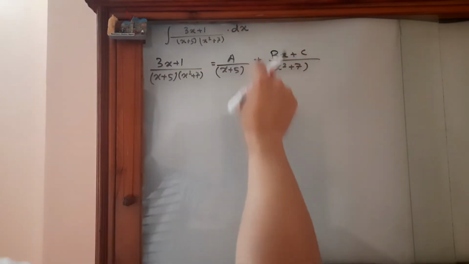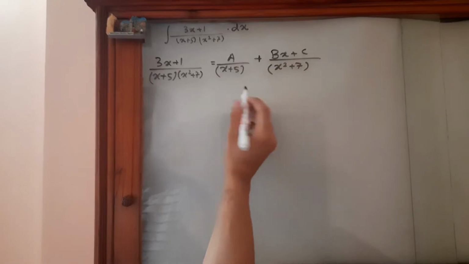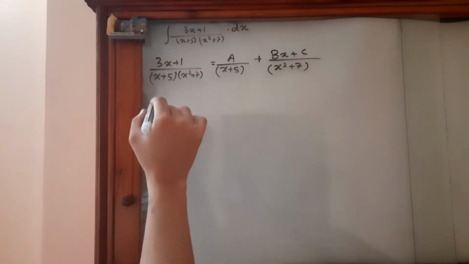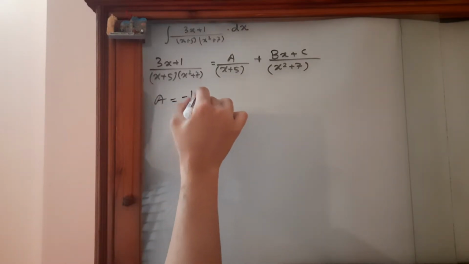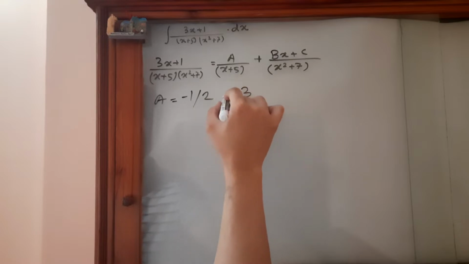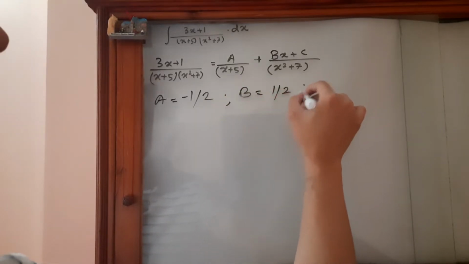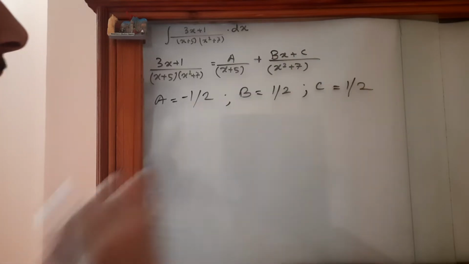That way this whole term gets eliminated and we easily find the value of a, and then for b and c we just equate the coefficients. So if you equate it, then the value of a would be -1/2, b would be 1/2, and c would be 1/2 as well.